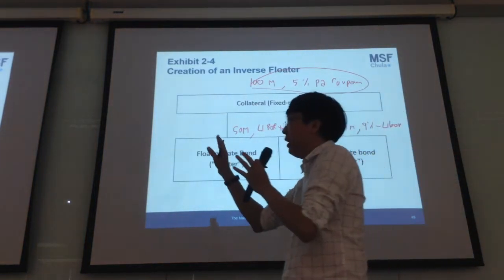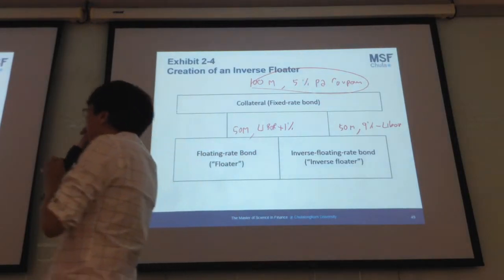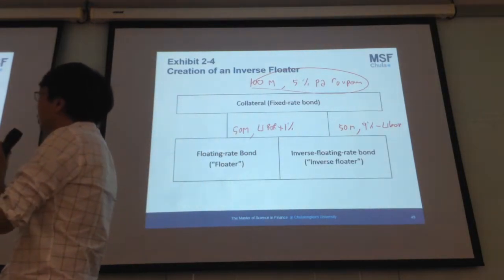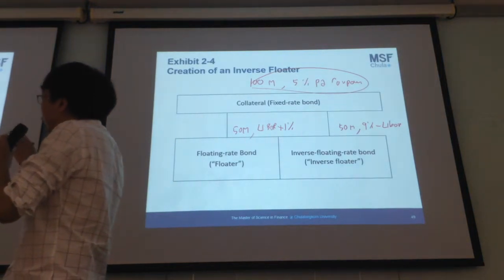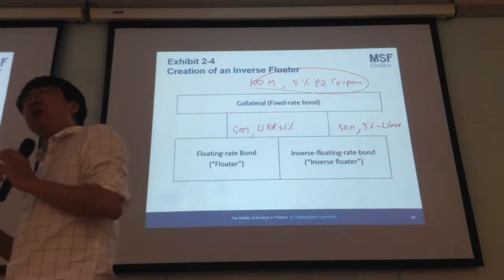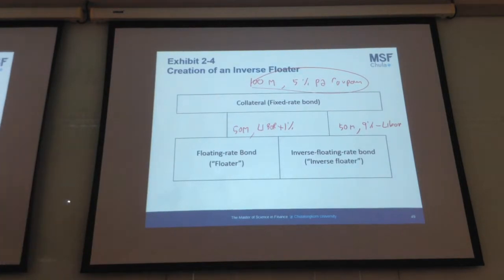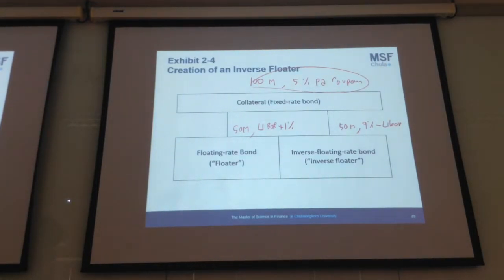Why must the numbers be like this? I'll show you. The idea to construct these two fixed income securities is that the total cash outflow from issuing these two bonds, you have to pay the money, right, must be lower than or equal to the cash flow received from the collateral.